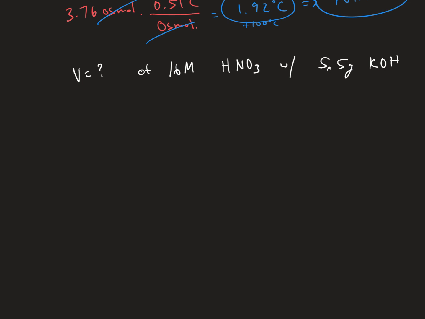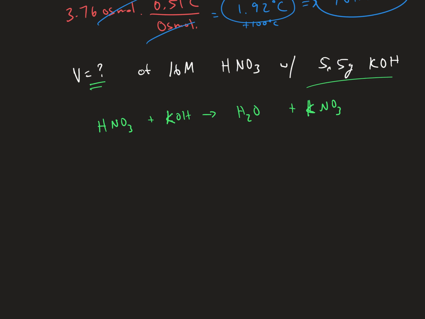So we have HNO3 plus KOH gives us H2O and KNO3. What kind of reaction is this, guys? Acid-base reaction, a neutralization reaction. Okay, so we want to know what the volume has to be in order to completely react with 5.5 grams of KOH.